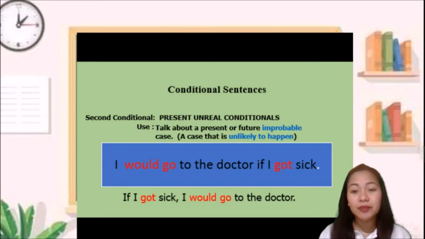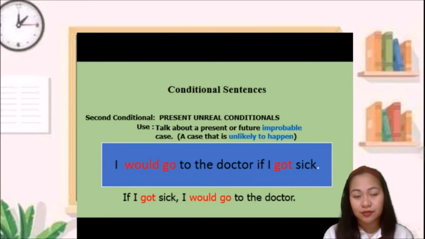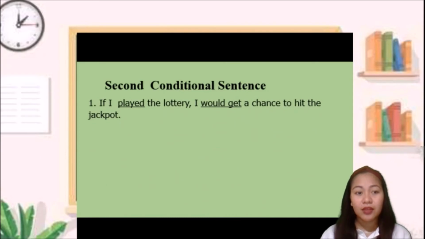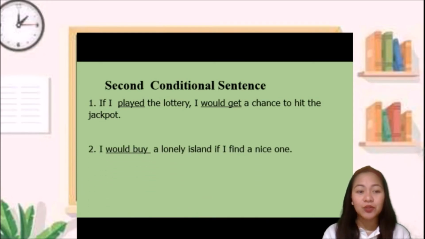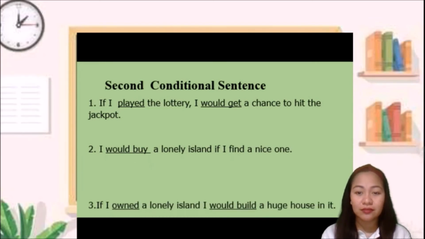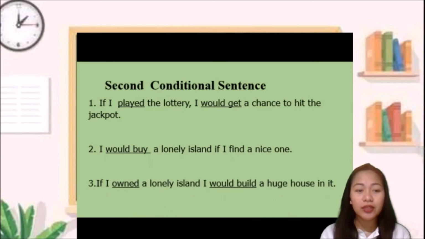Here are other sample sentences. If I played the lottery, I would get a chance to hit the jackpot. I would buy a lonely island if I found a nice one. If I owned a lonely island, I would build a huge house on it.